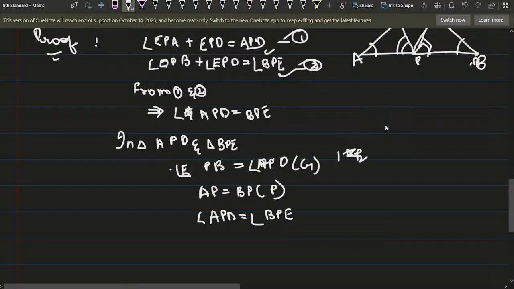Like here EPB is equal to DAP, right? Yeah, DAP. By ASA, the two triangles are congruent by ASA. Right? Isn't it?